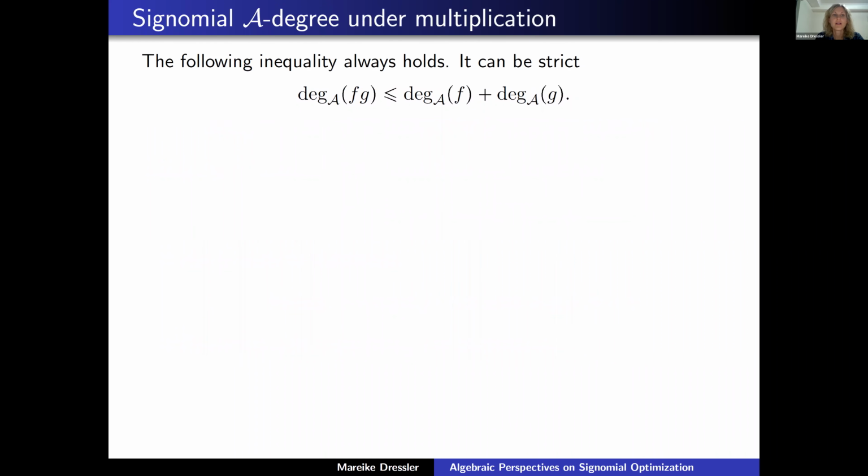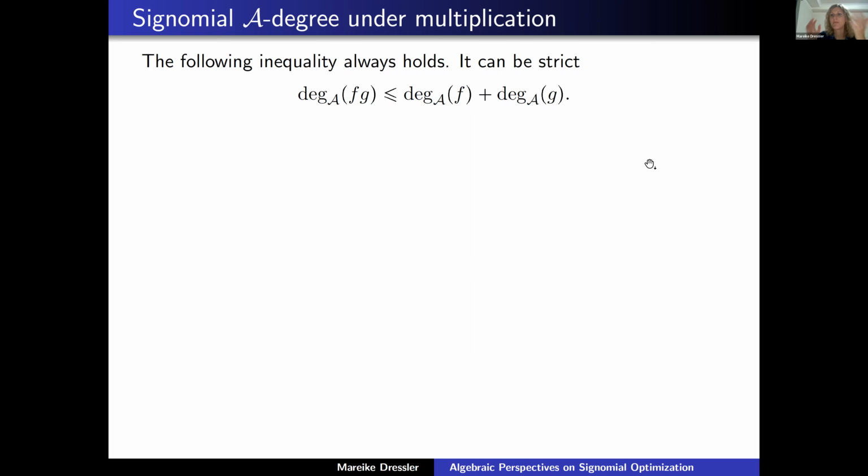And one thing to point out here is that the Zignomial A degree behaves a little bit differently than what one knows maybe for polynomials, because for polynomials, this inequality is always an equality, right?